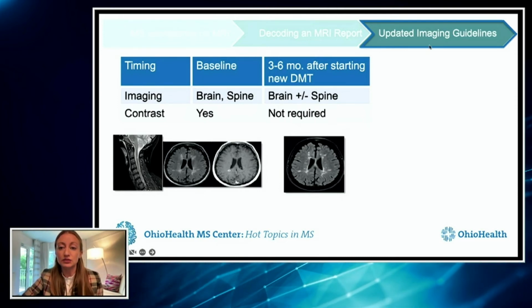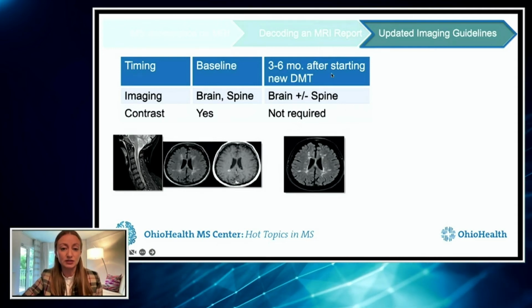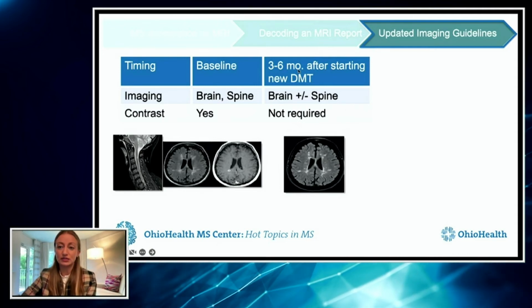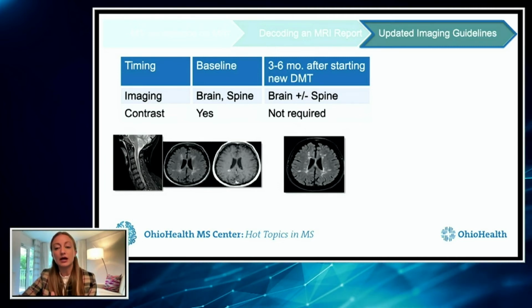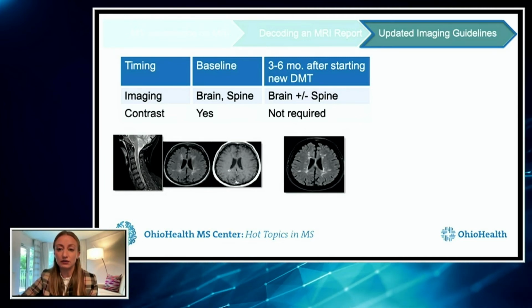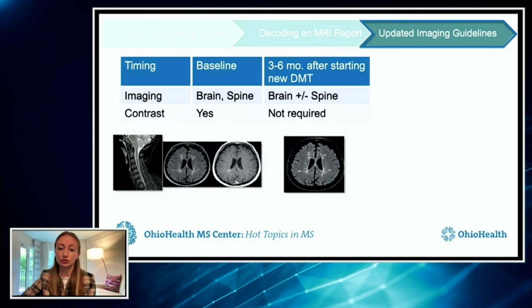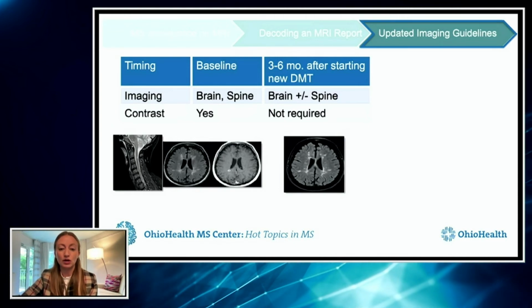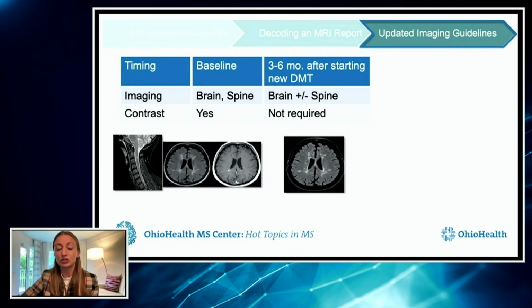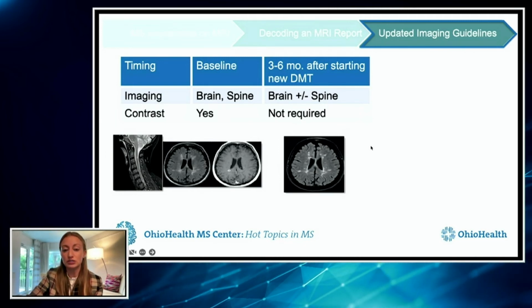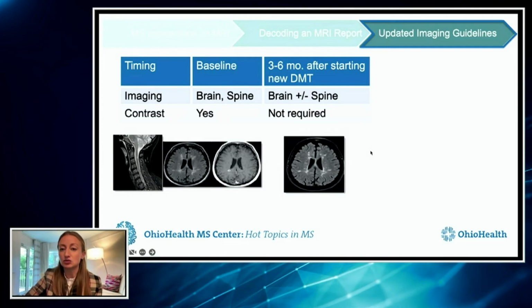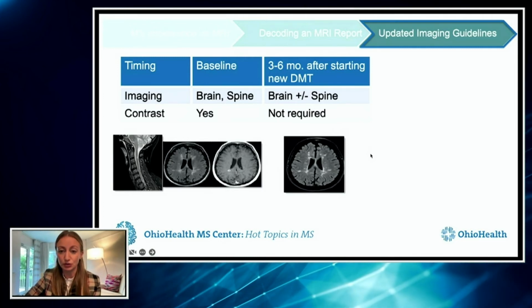The reason we wait 3 to 6 months to get this after starting a new disease-modifying therapy is because some of them take time to become fully effective, and we want to make sure that this is a true baseline image while the medication is in the system doing its job. Then in the future, we can compare future images to this to see if the medicine's really doing its job and preventing new spots.